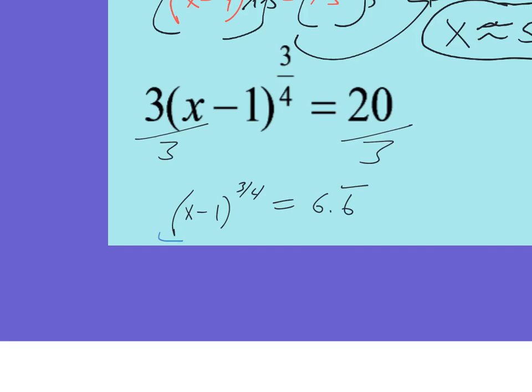So I bracket, now that I have my rational root, I raise that to the reciprocal of the previous exponent. So I'd be raising both sides to the 4/3 then. 3/4 and 4/3 just ends up being 1. So I get x minus 1 on the left side. And I now have 6.6 repeating raised to the 4/3, which 4/3 is 1.3 repeating.